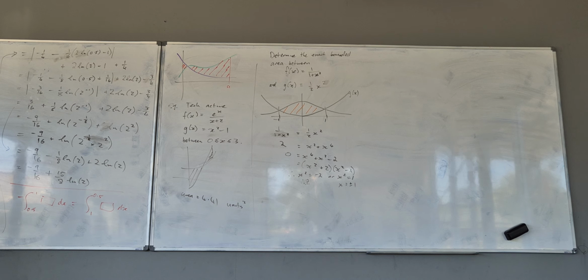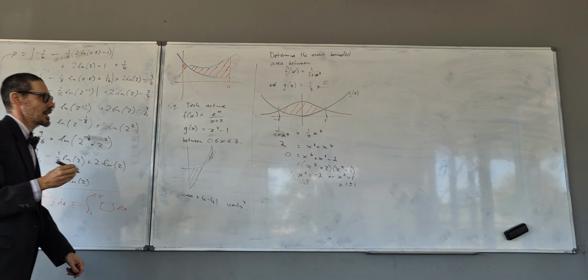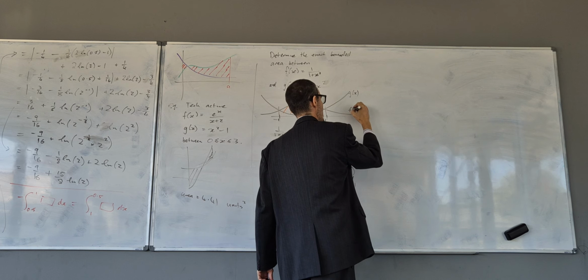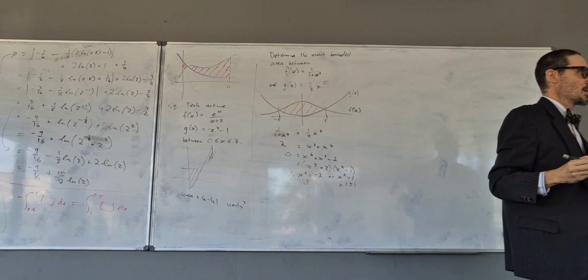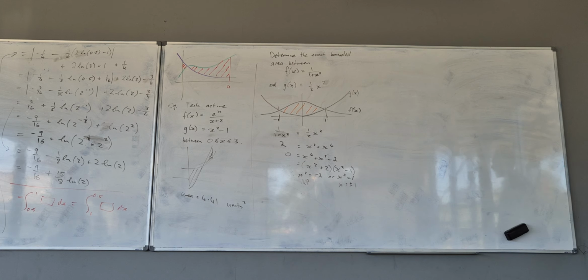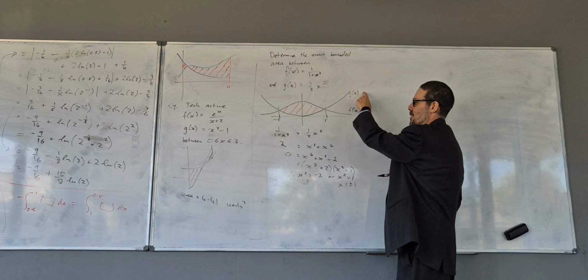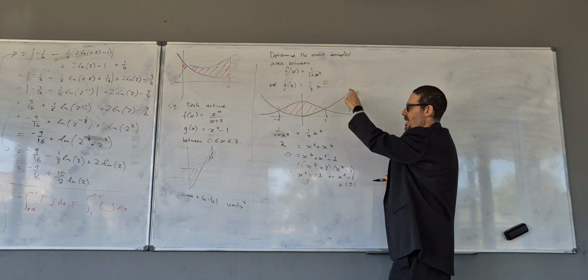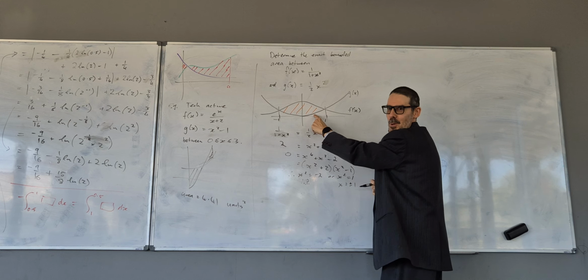Okay with that? Which one is bigger? g of x or f of x? Bigger in what sense? In a larger number in the section I care about. f of x. So I'm going to go f of x minus g of x to get a positive number. This one minus that one will give me a positive area.